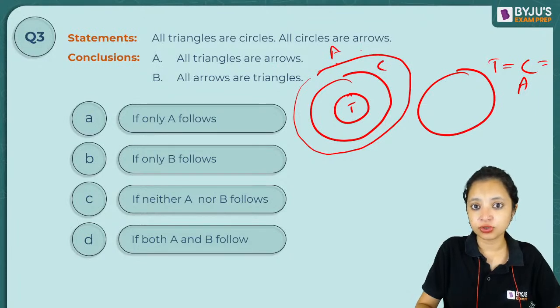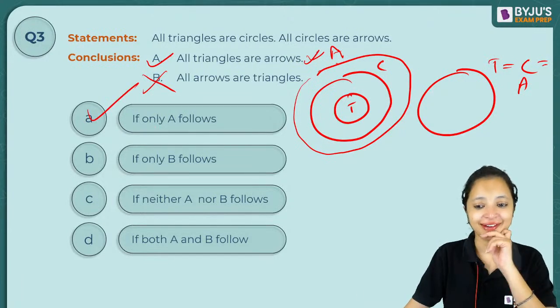All triangles are arrows is true here. True here as well. First should follow. The second one: all arrows are triangles. Is it true in the first diagram? No, it isn't. Our correct answer has to be only A.